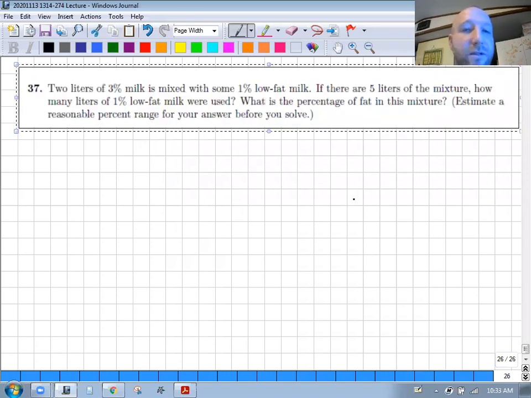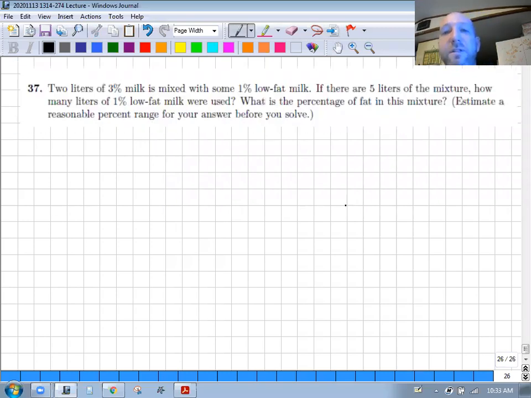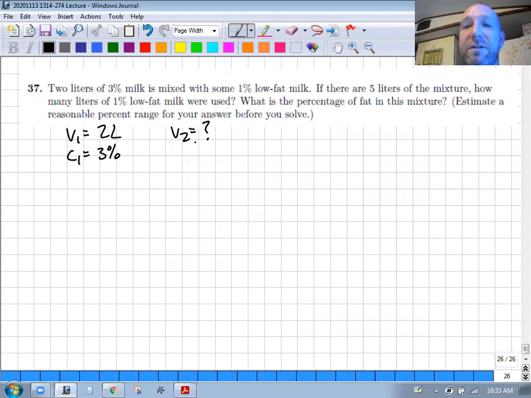All right, 2 liters of 3% milk is mixed with some 1% low-fat milk. So V1 is 2 liters, and it's 3% milk. V2, it says mixed with some. We don't know how much, but it's at 1%.